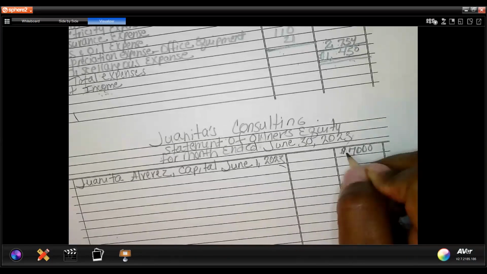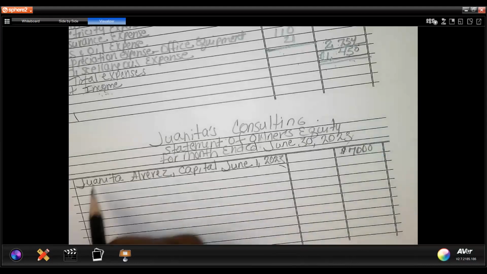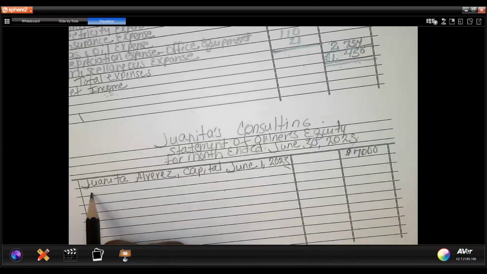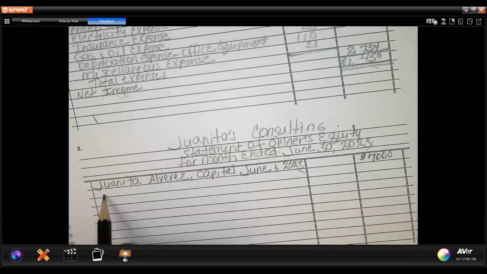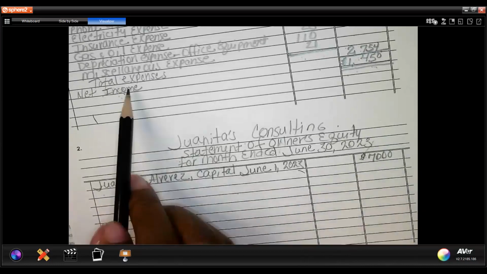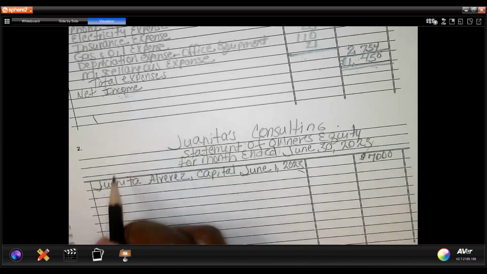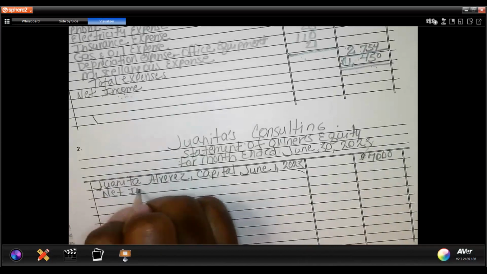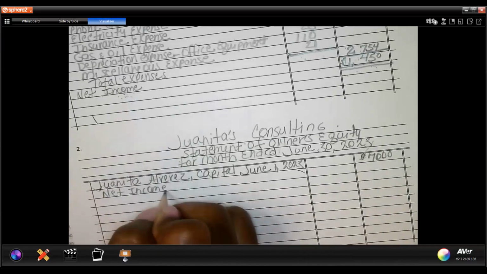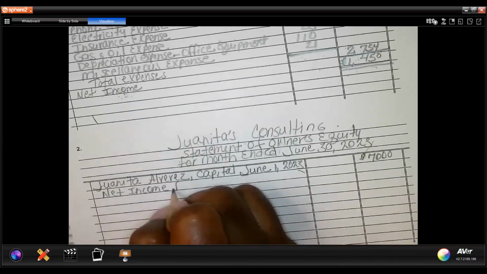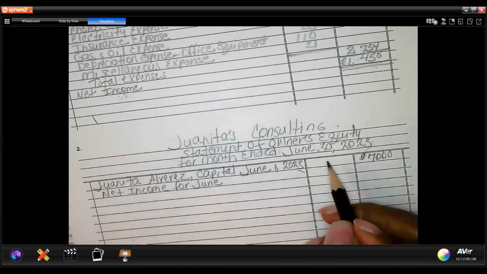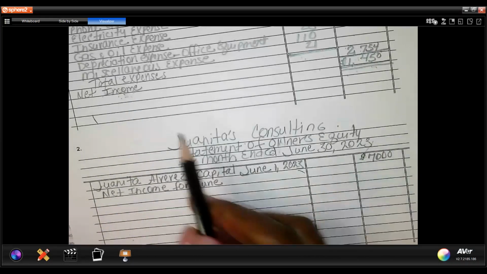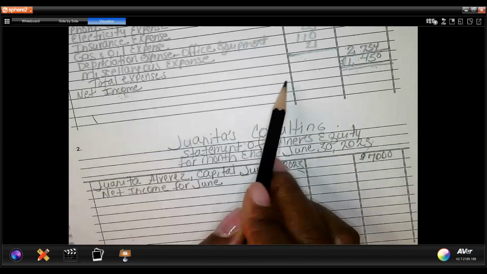Okay. So again, on the next line, we're going to record net income because we need to add that net income to her original investment. We need to pull this amount, whether it was a net income or net loss. In this case, it's going to be a net income, so we're going to write in net income for June, what net income was at the end of June.